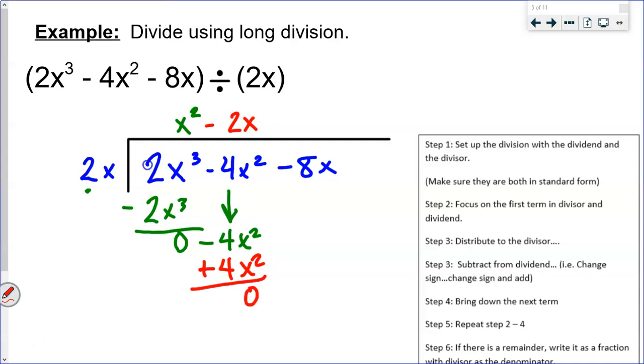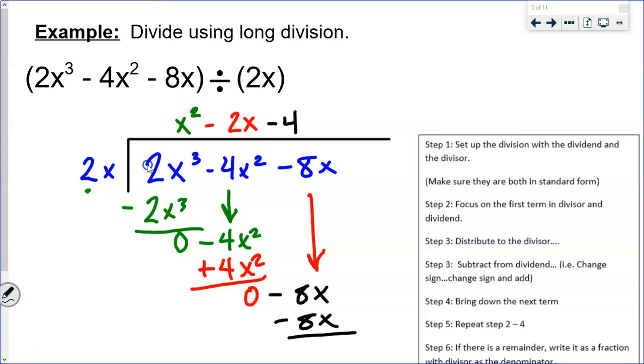So we get 0 here again, going to bring down our next term again. So that's going to be, in this case, minus 8x, okay? So again, what do we have to multiply by 2x to get negative 8x? We have to multiply it by negative 4, right? So then we get our negative 8x.